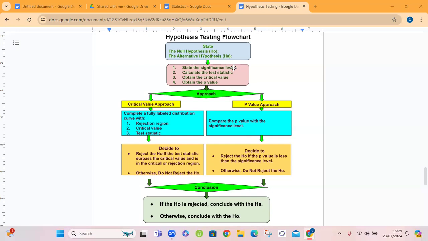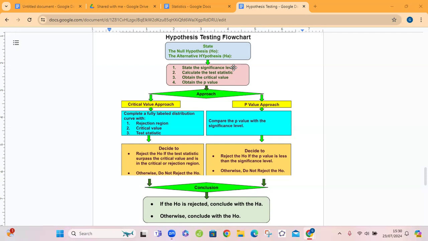That means you have to use sample data and do some calculations, either manually or a statistical software can do that, called a test statistic. Then you've got to obtain a critical value. This can be obtained via tables, or the statistical software can provide that for you.